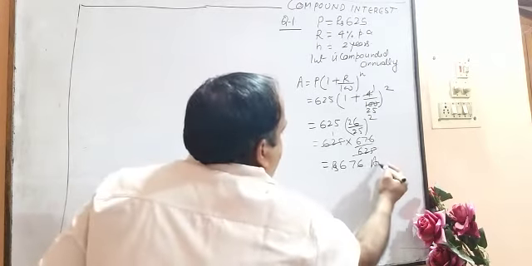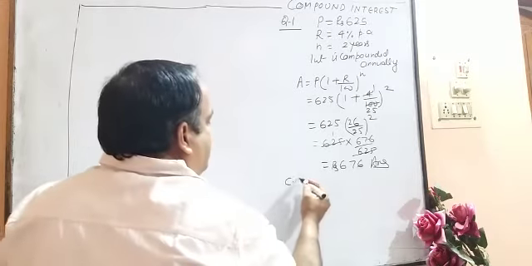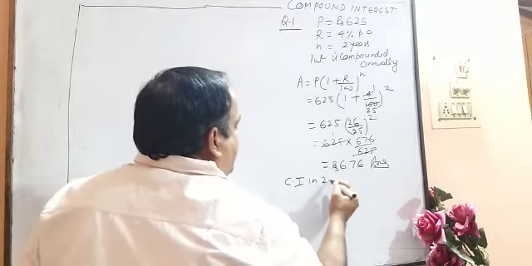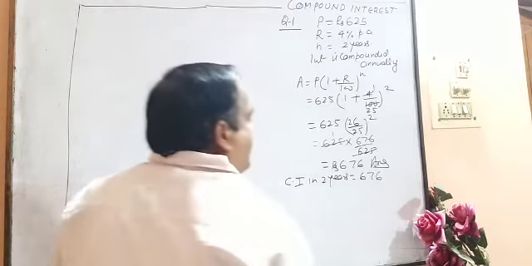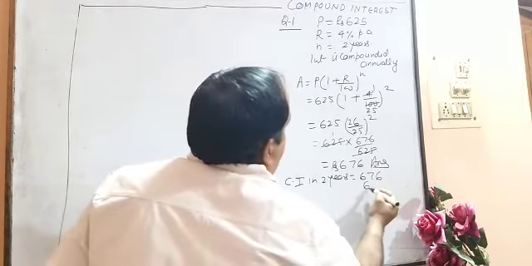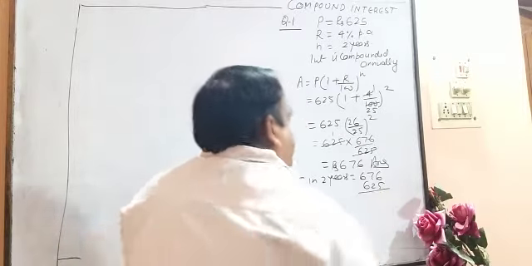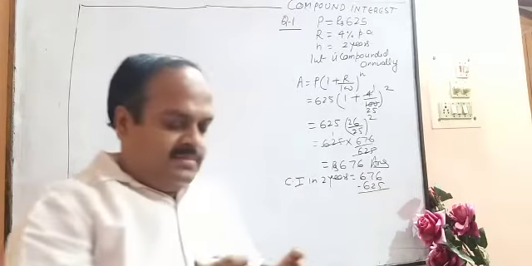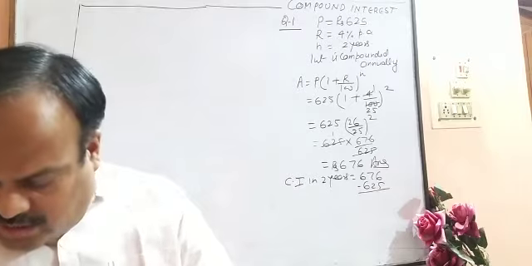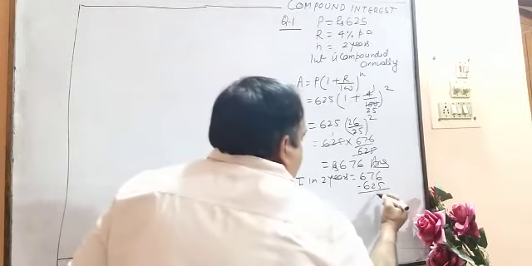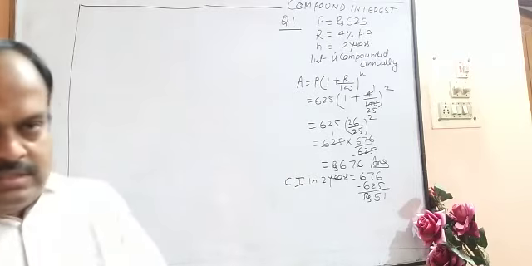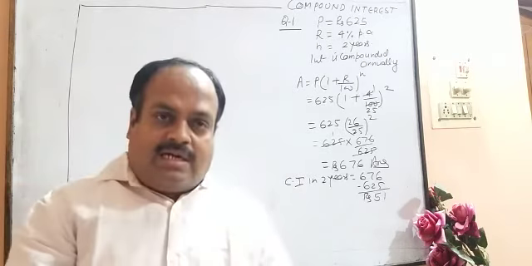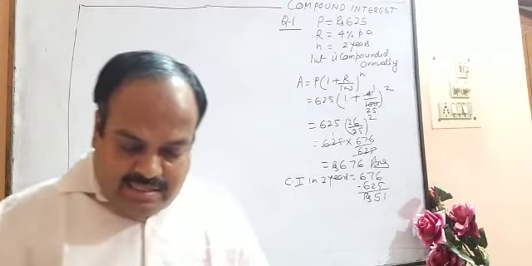First part's answer. Now the compound interest in 2 years will be 676 minus 625. Therefore, the compound interest in 2 years will be 51 rupees.